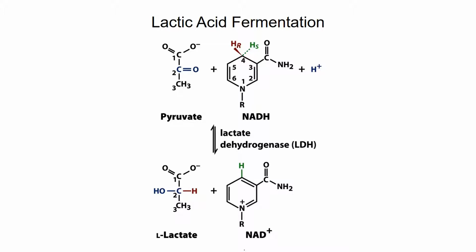So this is a reversible reaction. We have pyruvate in our muscle tissue. It's converted then to the lactate. NADH is then going to be oxidized to NAD+. And we'll talk more about these 2 forms of this molecule as we move along.